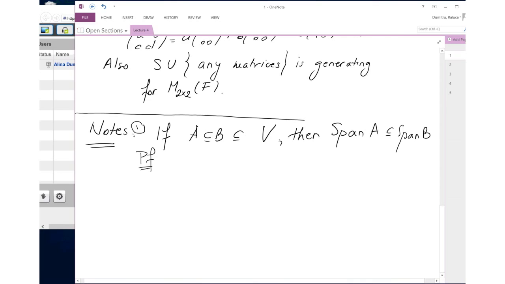I'm still trying to show that a set is a subset, which means start with an element of the set on the left.